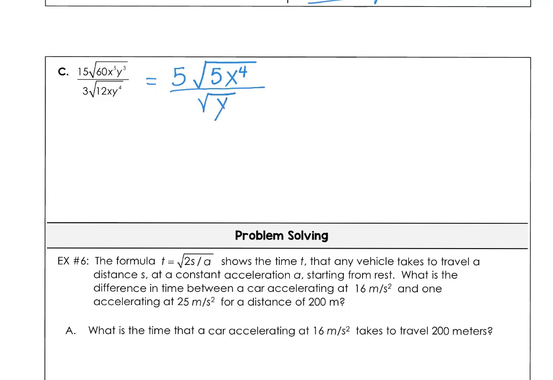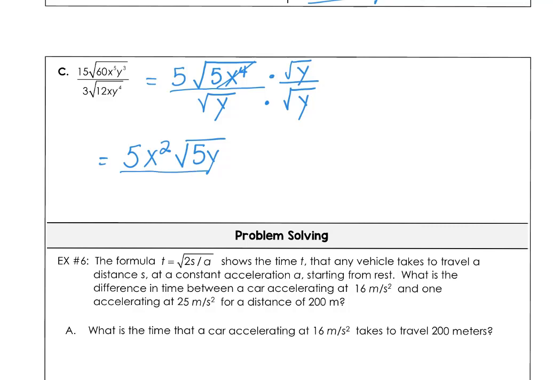So we want a perfect square in the bottom to rationalize. That would be the square root of y. Whatever you do to the bottom, you do to the top. And that's going to give us 5 times, let's see, we got the square root of x to the 4th, so we could go ahead and simplify that. That would be x squared. And then the 5 is going to stay behind, and the y is going to stay behind since we took that square root.